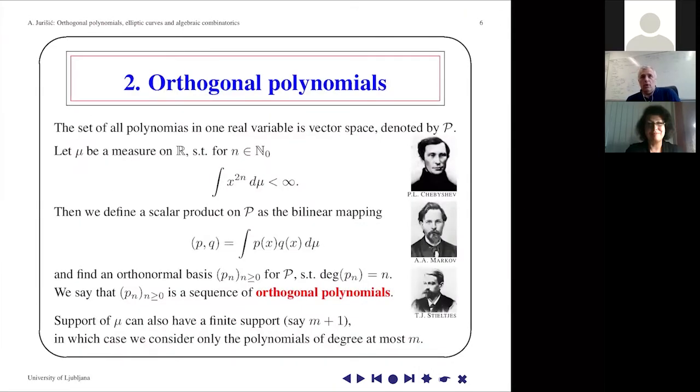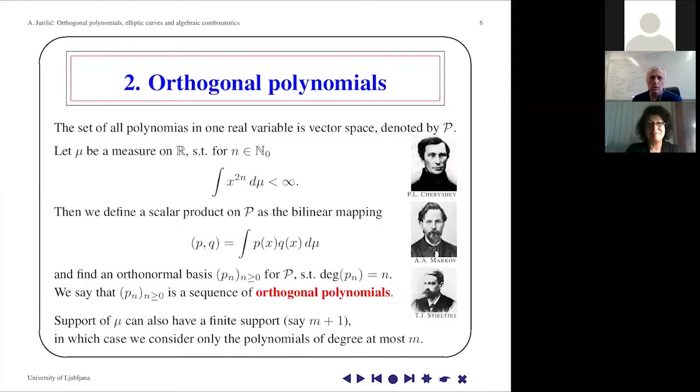Okay, now orthogonal polynomials. Just following my supervisor's book, Chris Godsil, he said, well, everything depends on a measure, but the measure has to be chosen so that the integral of x to the n is finite. Then you can define the scalar product with this measure, and you can find the orthonormal basis where the nth polynomial has degree n.